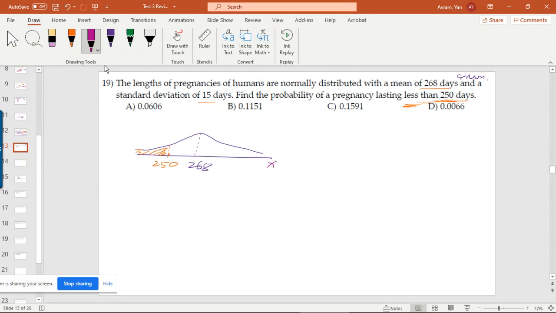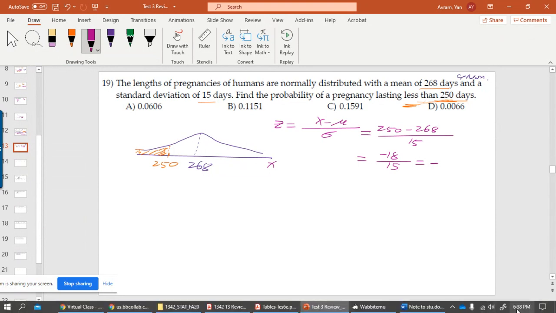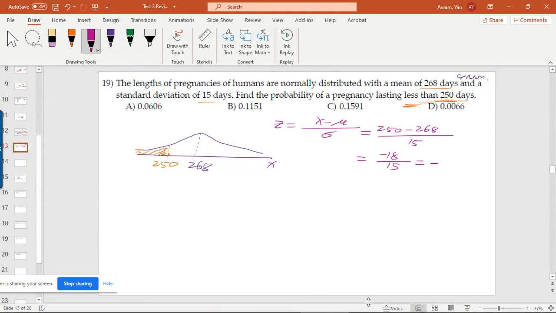So this is the X value. We're going to convert the X into a z-score, using the formula from before, which is very easy to calculate, right? So we have 250 minus 268 over 15, and now we're getting a negative. That means it's below the average. And you can see this is negative 1.20, or you can use the calculator if you don't want to simplify.